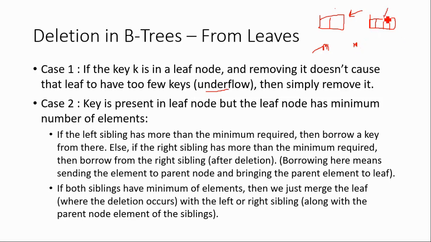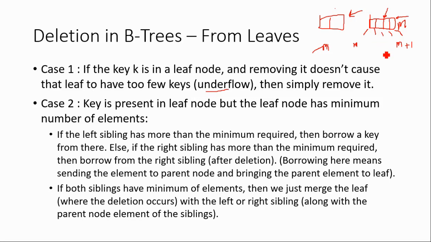For that number of elements, it has to contain that number of children plus 1. So if there are m elements stored there, then it has to contain m plus 1 children, means links to subtrees.